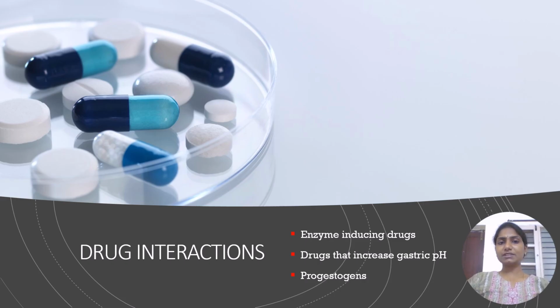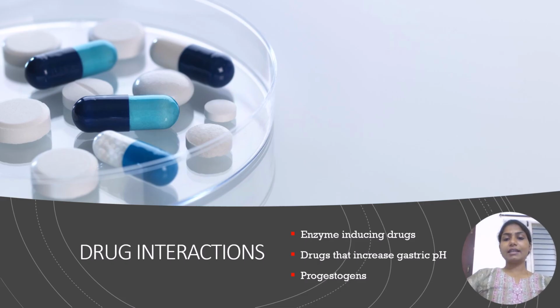So what are the options available? One is ulipristal acetate and the second one is levonorgestrel. If the woman is on certain types of drugs, we have some limitations. If the woman is taking enzyme inducing drugs, I will tell you the mnemonic: it is called 3Ps, 3 pins and topiramate.